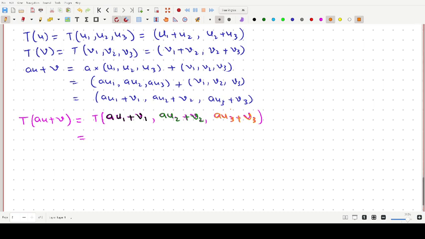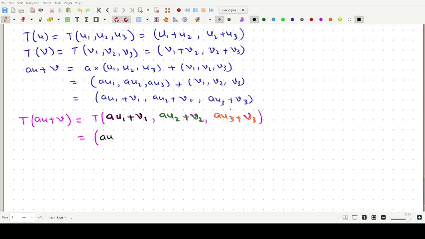So I have just color coded them so that it becomes very easy in the next step. Okay, so this transformation mapping as we had defined previously goes as follows. The first coordinate is going to be the first plus the second.